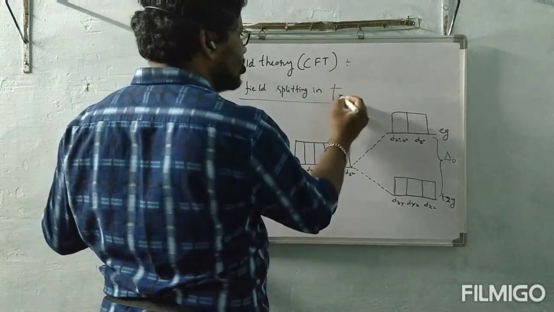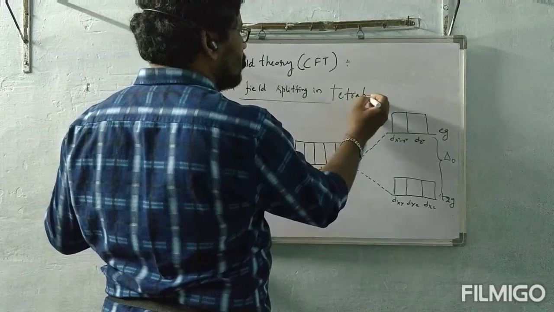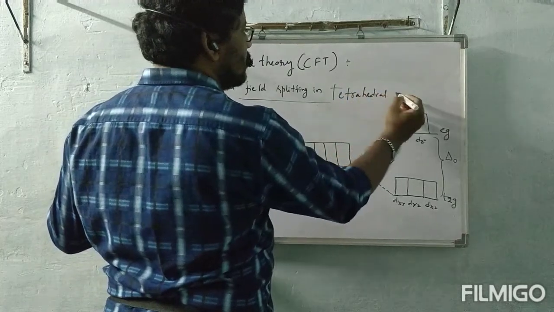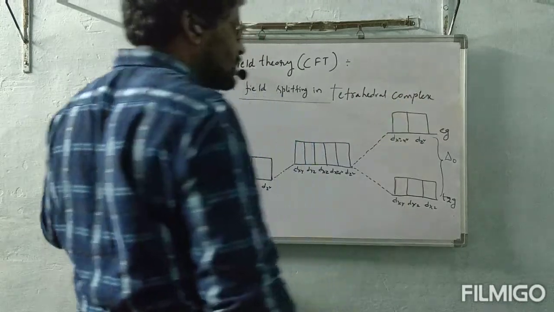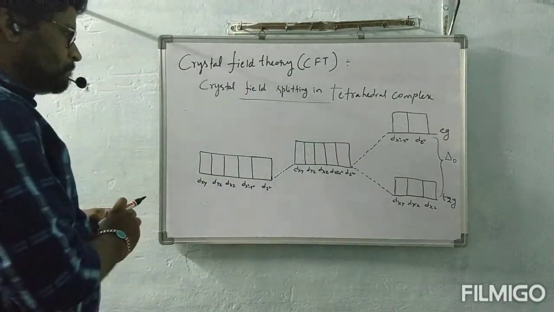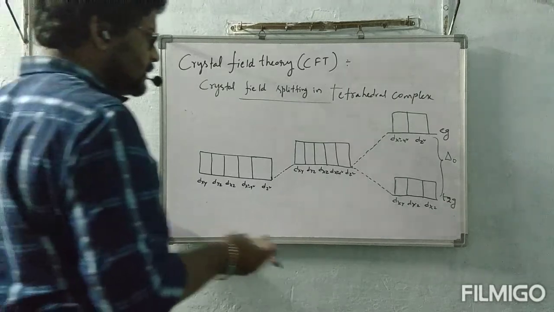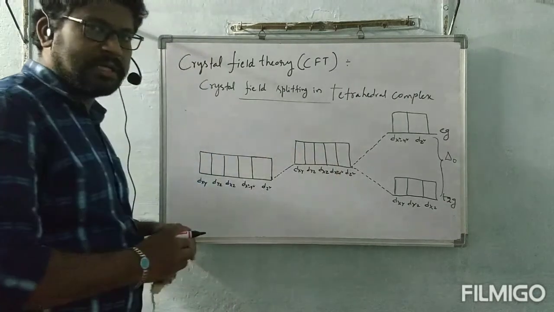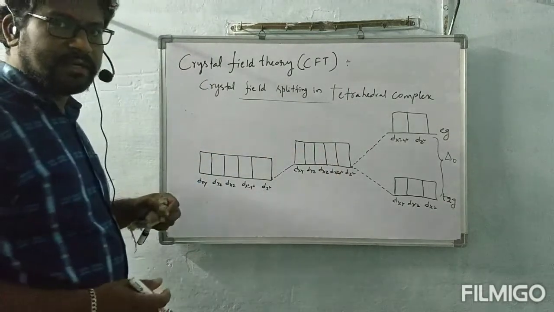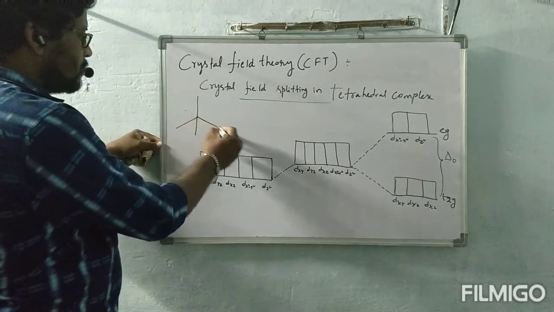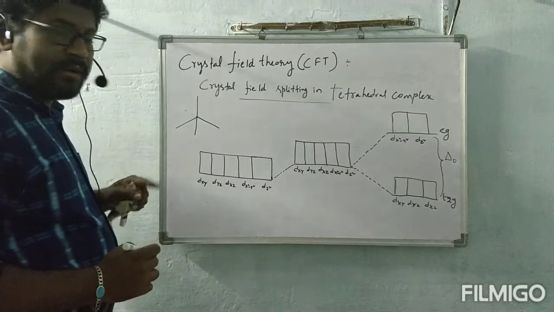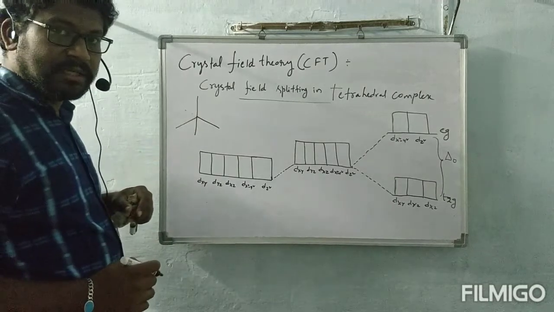Crystal field splitting in a tetrahedral complex, and this one will be reversed. Why? What is the shape of a tetrahedral complex?